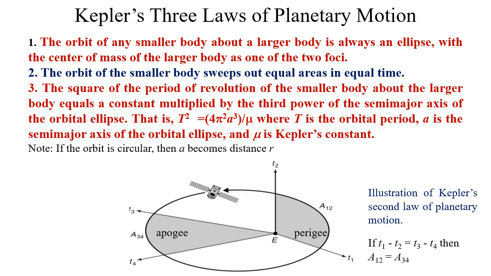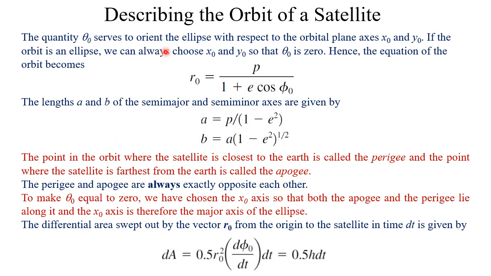Okay, to simplify the equation of the orbit, we can set theta 0 equal to 0. That means we orient the orbit, or in other words, we have chosen x0 and y0 in such a way that theta 0 becomes 0. So the equation becomes simpler, and the lengths a and b of the semi-major and semi-minor axes can be determined from this equation.